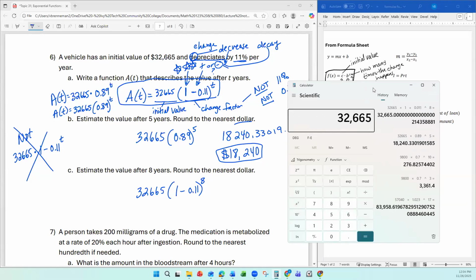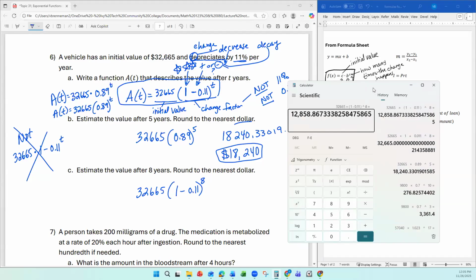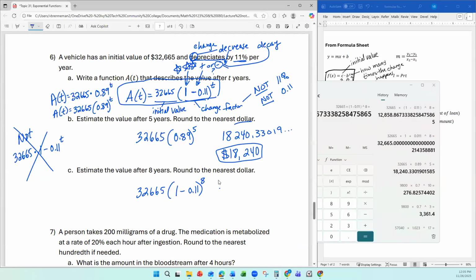So 32,665 times parentheses 1 minus 0.11 and parentheses, and then the 8th power, and it comes out with something that makes sense: 12,858.867, etc. It's going to round to $12,859.